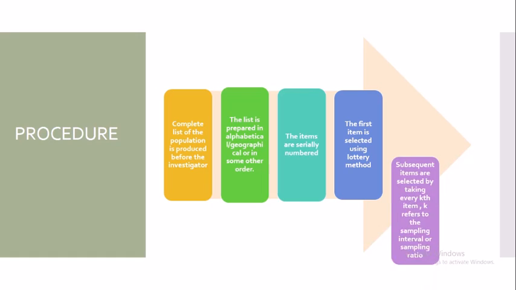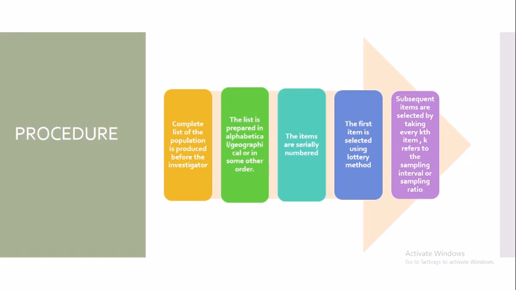Then the subsequent items are selected by taking every kth item. First he draws one item at random, and the next item he selects is the kth item. Now how do we find that kth item, the interval at which he has to collect the data? That is what we have to check right now.